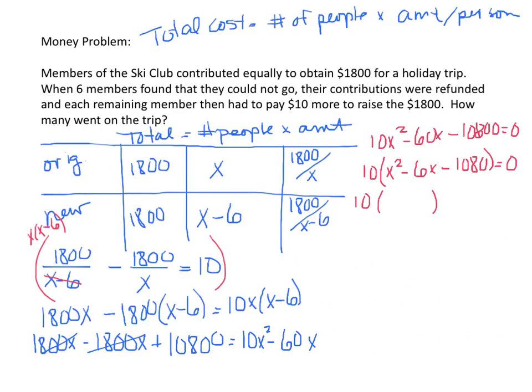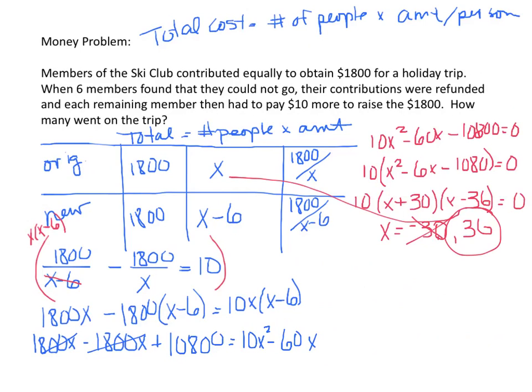And then I can factor the polynomial. So this means that x is either equal to negative 30 or positive 36. Well, obviously we can't have a negative number of members. That means that the original amount was 36. When I subtract 6, I now have 30 people going on the trip.